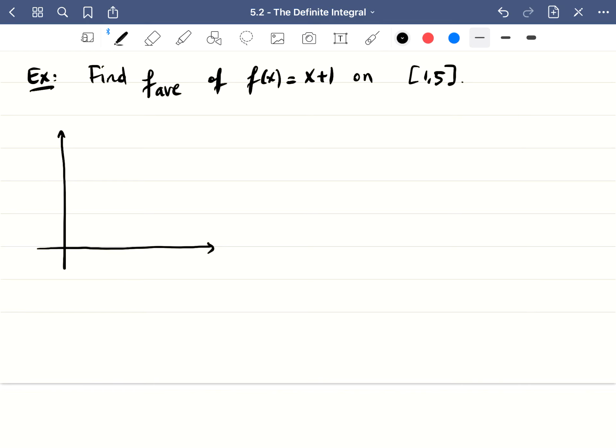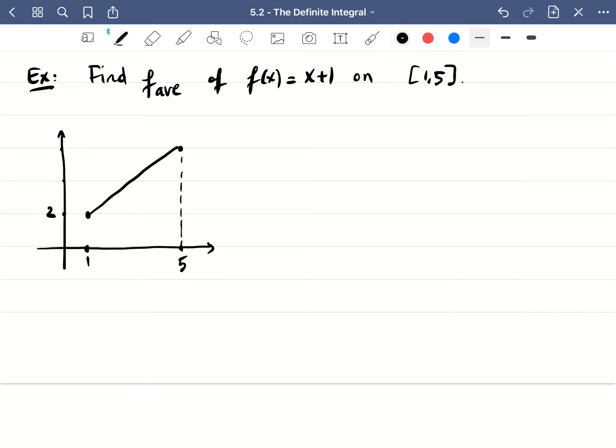Let's say that this is 2, and then 4, and then 6. When x is 1, 1 plus 1 is 2. So if x is 1 here, then y is 2. And when x is 5, 5 plus 1 is 6. So let's say this is 5, and 6 is somewhere here. So this is a line segment.